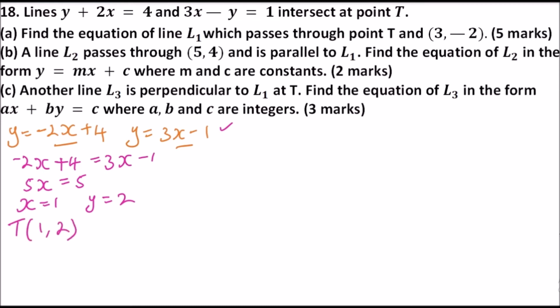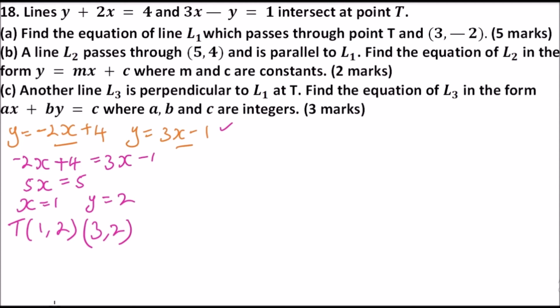Once you get that, it is going to help you answer the question. Find the equation of the line L1 which passes through T and (3, -2). We already have one point, and the other point is (3, -2), and therefore we can get the equation of this line.